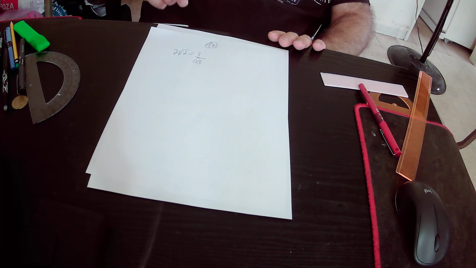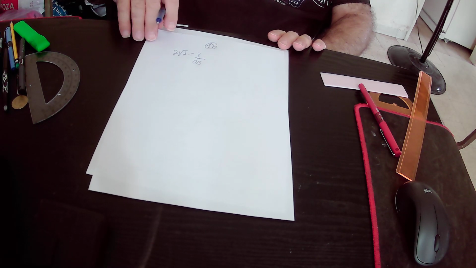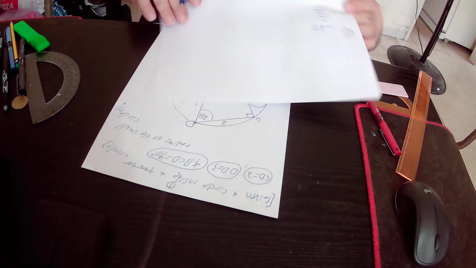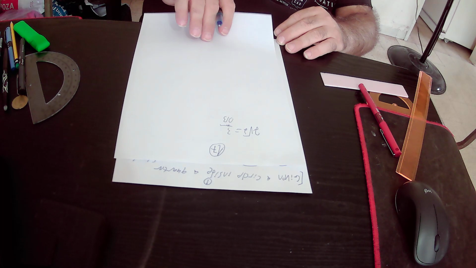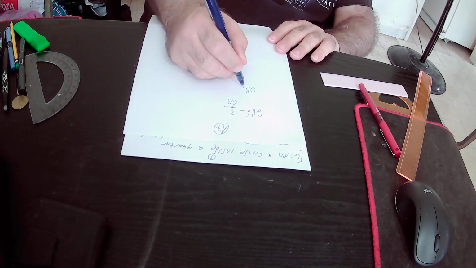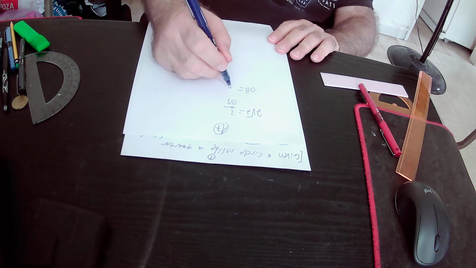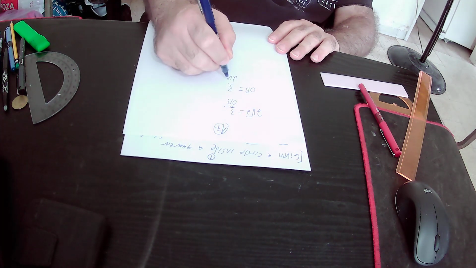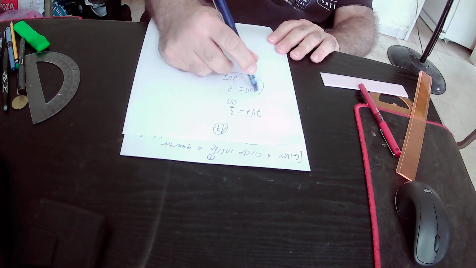Here we will multiply this equality by OB, and then we will divide it by 2 times root 2, and we will get that the value of OB is equal to 3 over 2 times root 2.